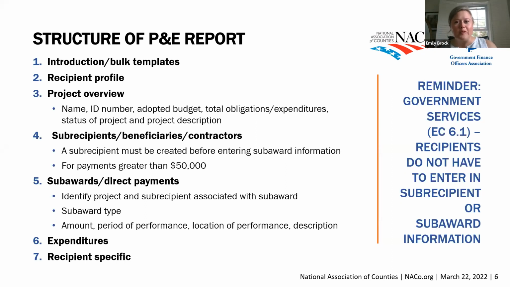And so what we did is we worked with Treasury to help it be more intuitive for the inputting of information. So now there is a separation of the concepts between subrecipients, beneficiaries, and contractors. And then in addition, these subawards and direct payments that you're making to individuals. So that certainly was a big challenge for a lot of folks in January 30th.